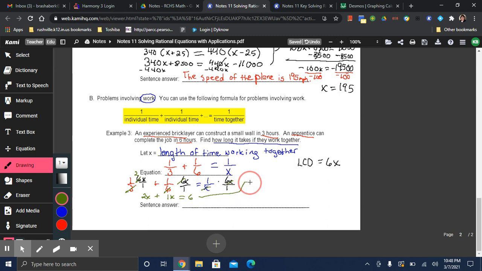So that equation becomes 2x plus 1x, making 3x equaling 6, and we can divide by 3 and get x equals 2. And so it says sentence answer, so it would take 2 hours working together, which is shorter than it would be for either one of them individually.